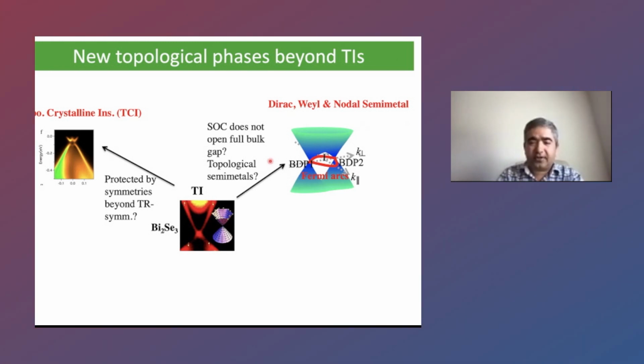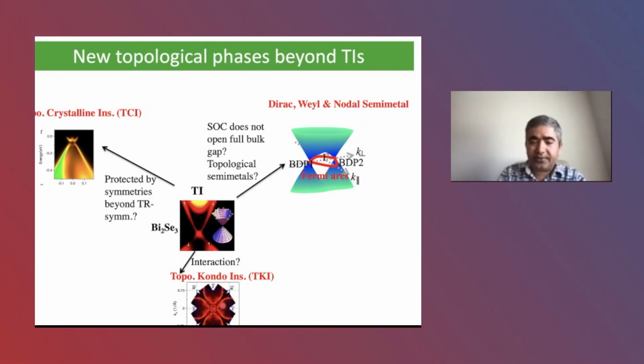At certain points of the Brillouin zone, the conduction band and valence band touch each other. Or there are interactions, especially in SmB6-type materials, where the d and f electrons hybridize and open up a gap, and there is some sort of symmetry giving rise to the surface state.